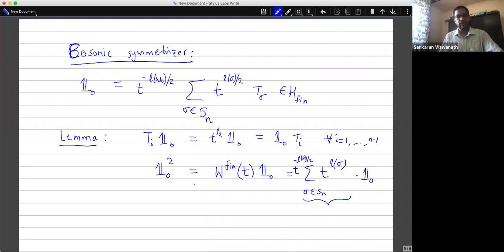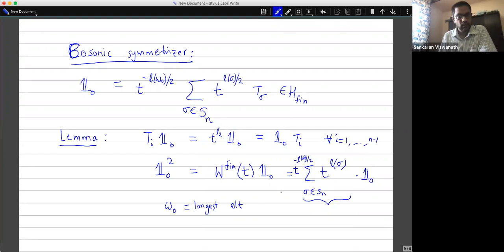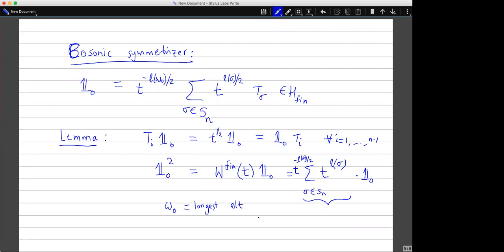W naught is the longest element of Sn. So that's just the t version of the n factorial.